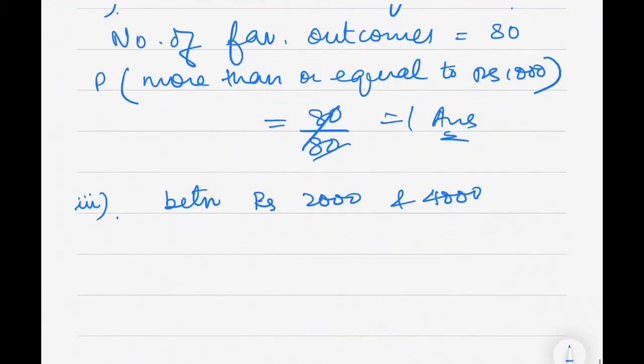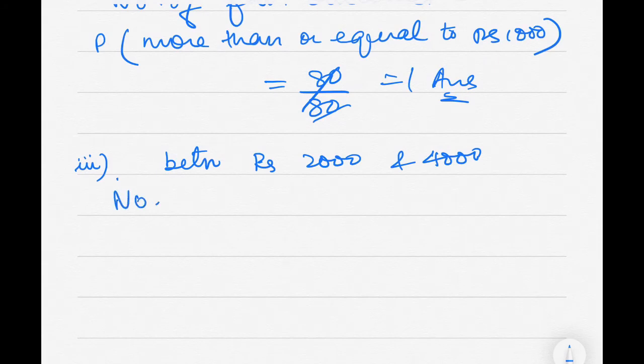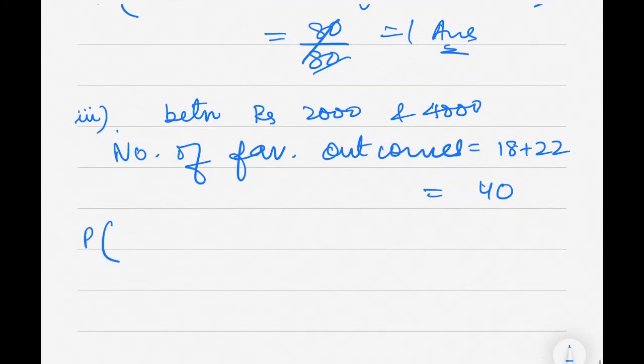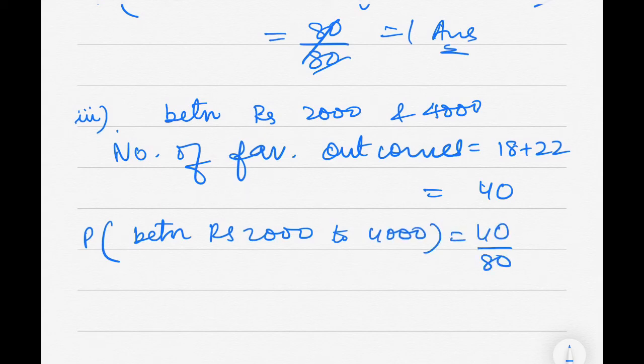So the number of favorable outcomes is equal to 18 plus 22, that is equal to 40. So my probability of a worker getting a salary between rupees 2,000 to 4,000 is equal to 40 by 80. So this gets cancelled, 1 by 2. That will be my answer.